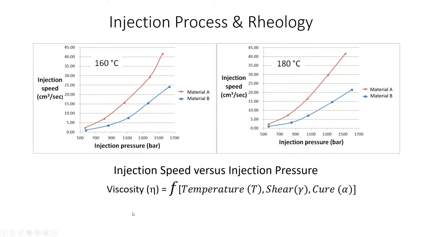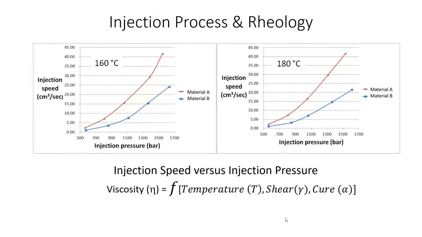Now, I want you to understand this process, that the viscosity of the material is a function of temperature, shear, and cure. Always, we have these three different aspects to identify where the rubber is at any given time through the injection process.